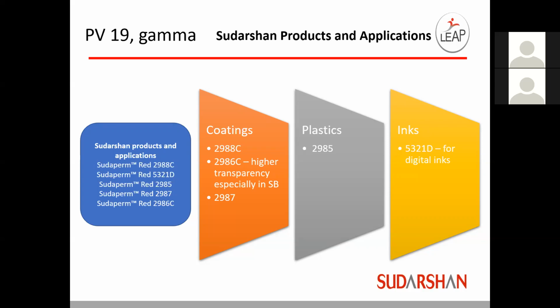These are placed in the buckets primarily by the finishing techniques that are used for that general type of application. But it's not to say that for example, the 2988C would not necessarily work in an ink application. It's just a way to identify how the finishing techniques are done by placing them in these application buckets.